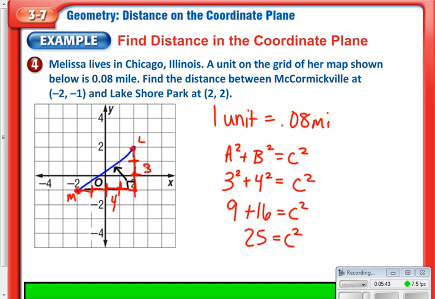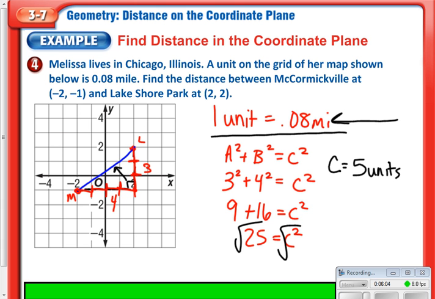Get rid of your square, so we need to square root both sides. And we find out that c equals 5. Well, 3 and 4 are talking about units, so c is 5 units. From McCormickville to Lakeshore Park is 5 units. Now, we can figure out the actual distance because we wrote this down right here. 1 unit is 0.08 miles.